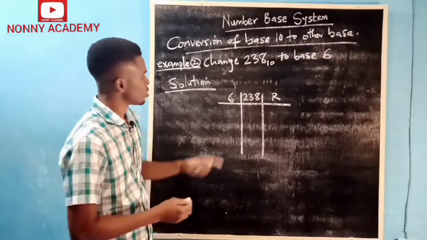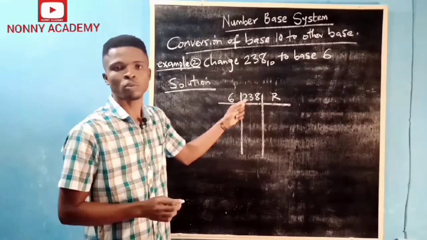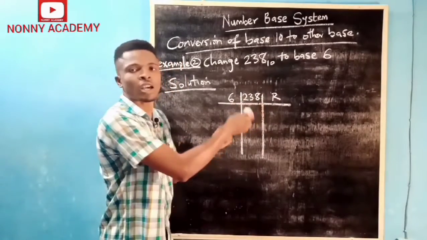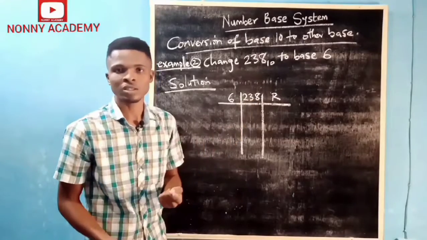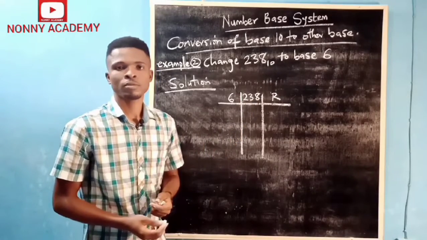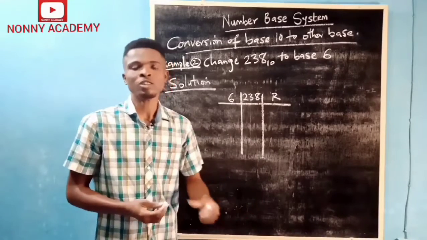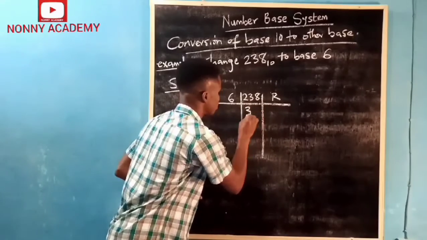Then I proceed. 6 in 2 is not possible, so I have to merge 2 and 3 so that I can proceed. 6 in 23 is 3, which gives us 18, remainder 5 to make it 23. So we have 3 here.